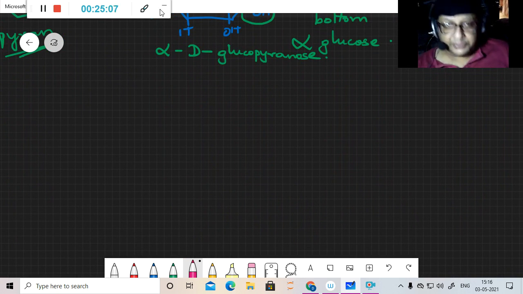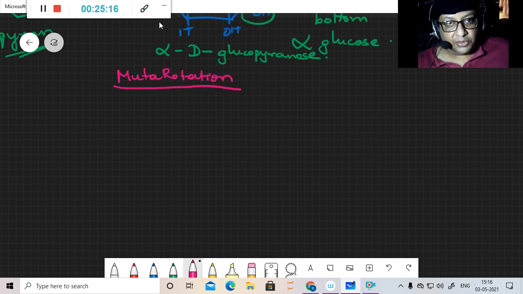The next concept which we will be studying is mutarotation. Now what is mutarotation? There is this change from alpha D. Whenever glucose is in solution, there is a change from alpha to beta. It keeps on going simultaneously.